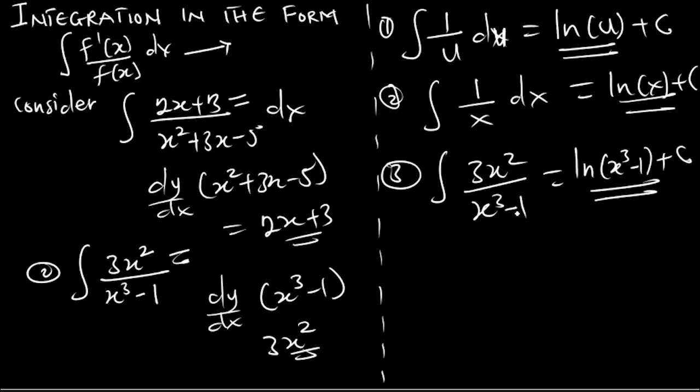But just put it in your mind that anytime you have it in this way, you are going to get the ln. Wherever the derivative of the denominator is equal to the numerator, you have to get ln of the denominator. But there are special cases where you have to do certain things, and we will go through all that.